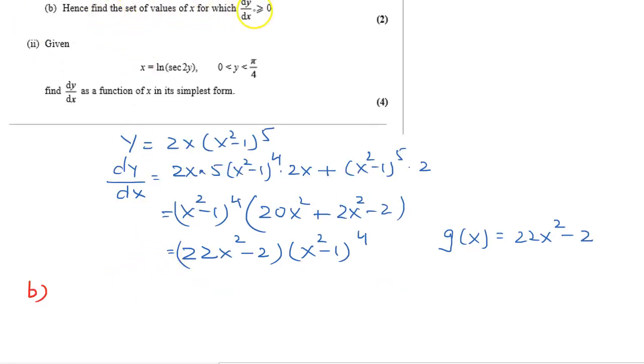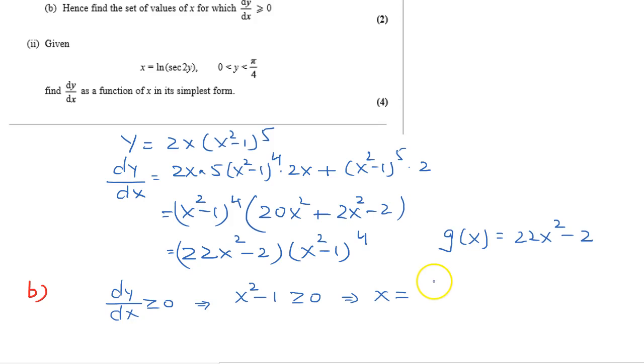Hence find the set of the values of x for which dy over dx is greater than or equal to 0. So dy over dx is greater than or equal to 0. This implies that x square minus 1 to the power 4 is greater than or equal to 0.